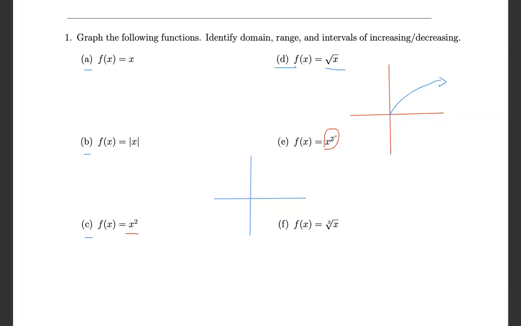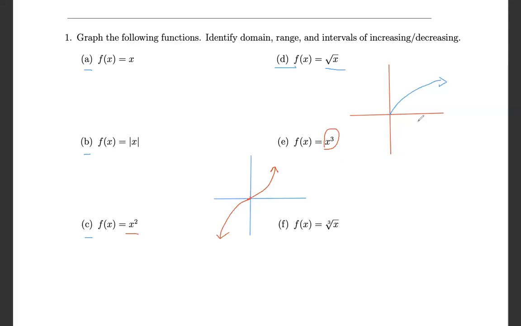Odd functions are symmetric about the origin. So one piece we get from the first quadrant. It looks like this, and it keeps going. And the other piece wiggles at the origin, then the other piece is in the third quadrant. And of course, it keeps going down. So this is the graph of x cubed.